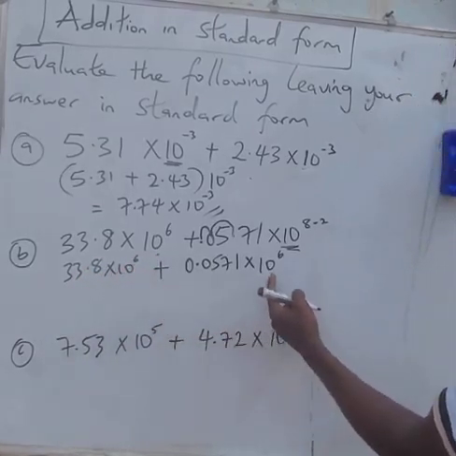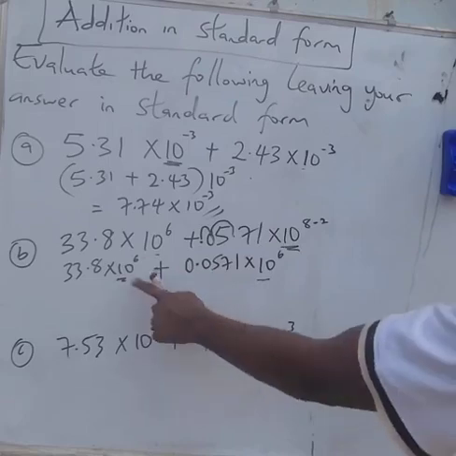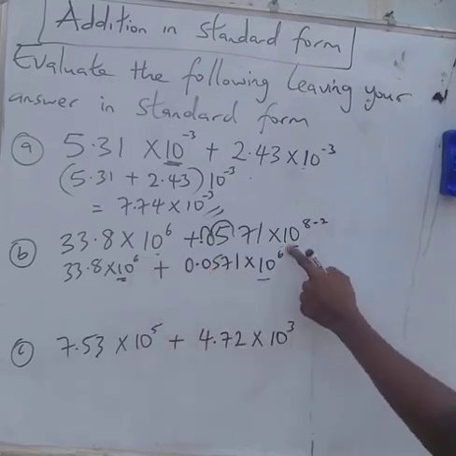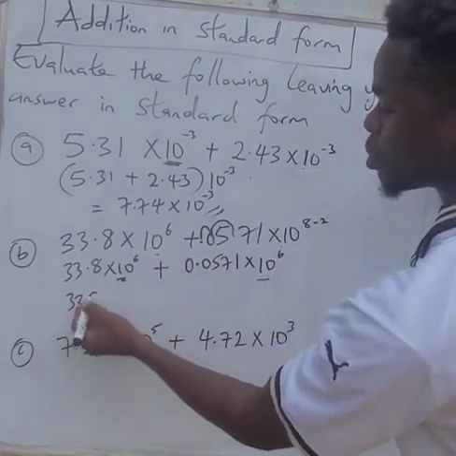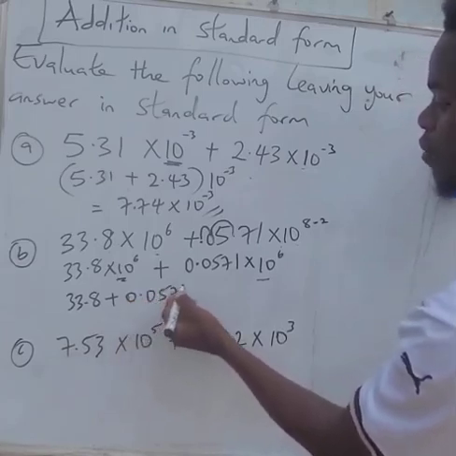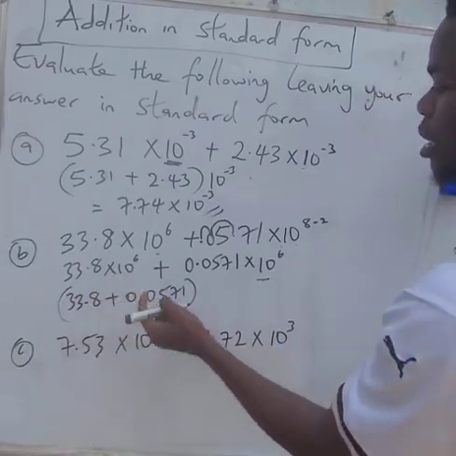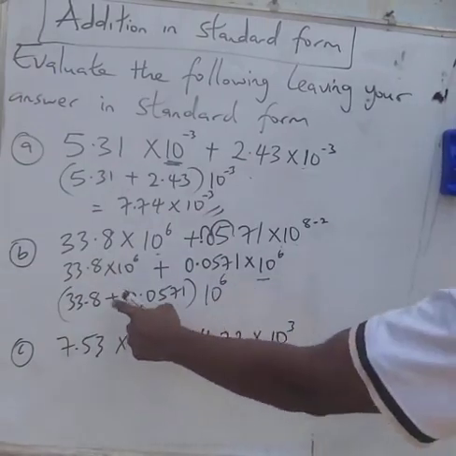Now you see that they have the same base and power together. Then I can easily add. I can say 33.8 plus 0.0571, then multiply by 10 raised to the power 6. So let's add this.